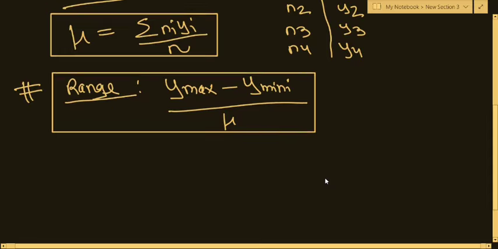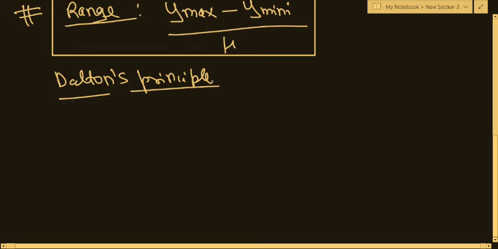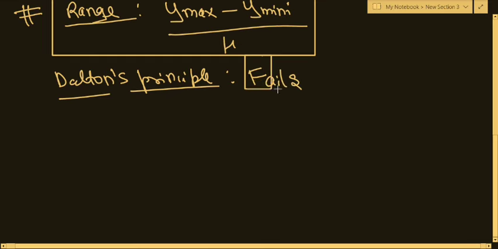Now they have given in the readings that this range measure fails Dalton's principle. Now why is that? Let us see.